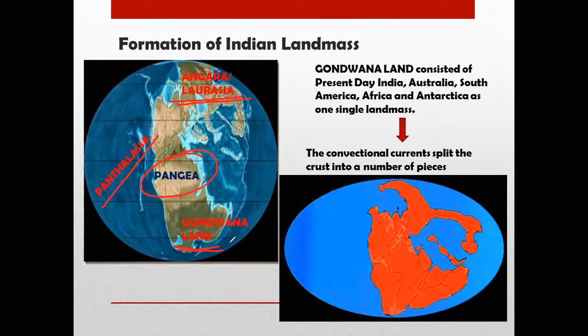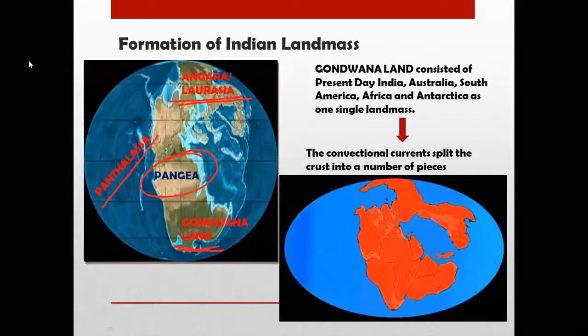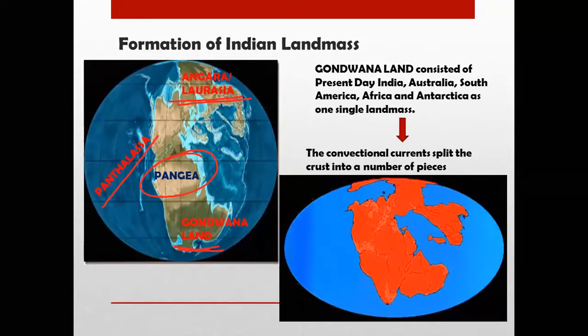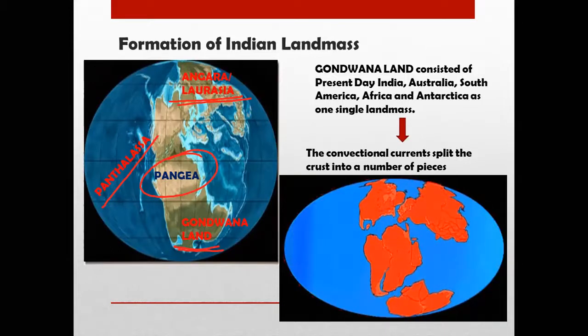Now, the Gondwana land consisted of present-day India, Australia, South America, Africa, and Antarctica as one single landmass.